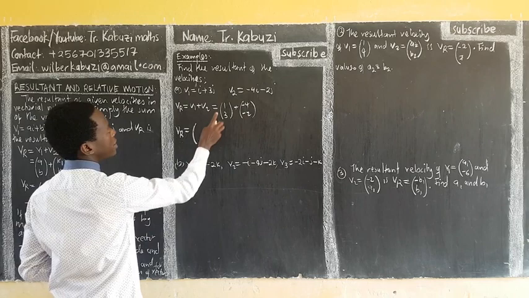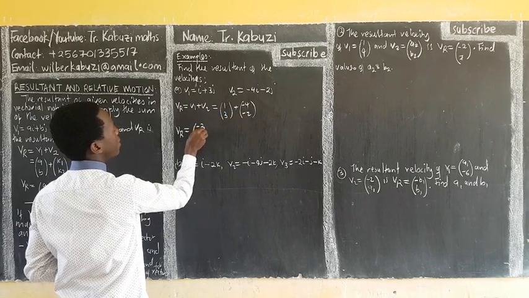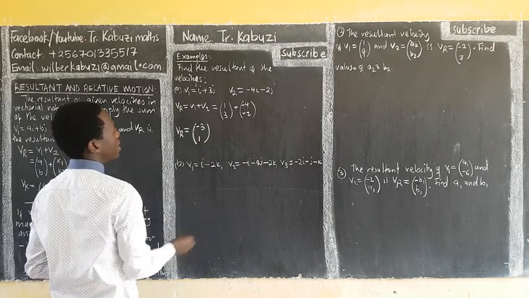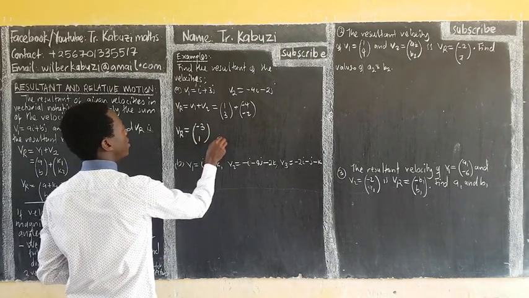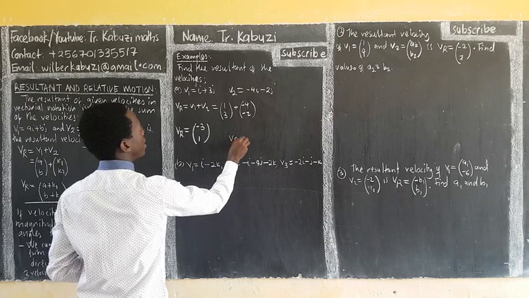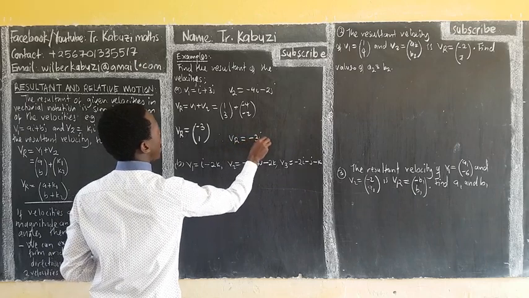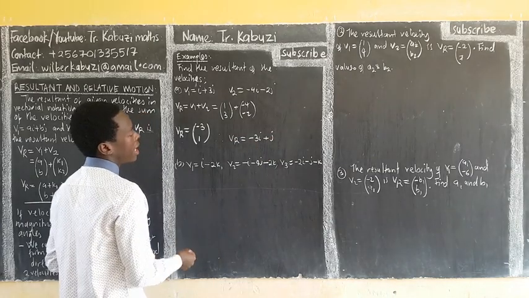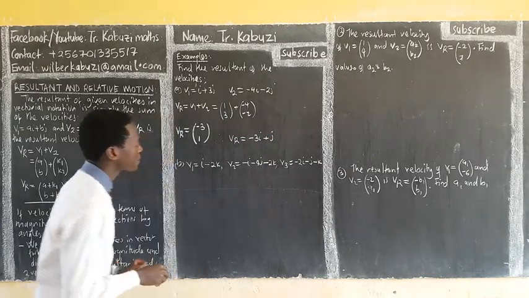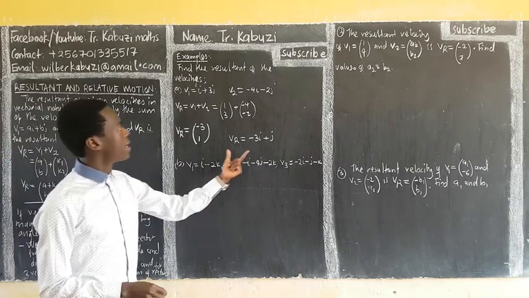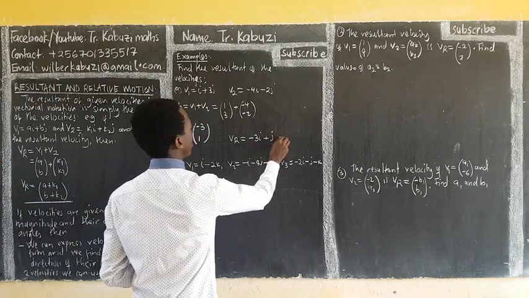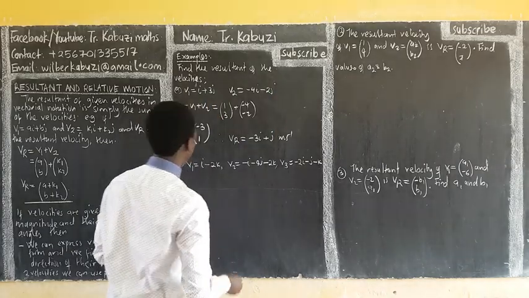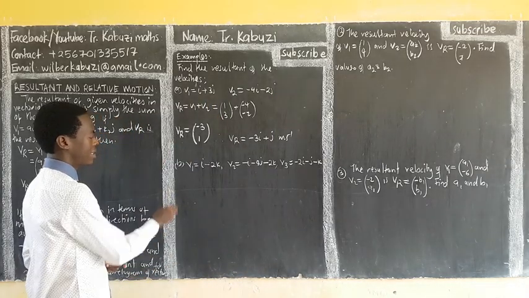Our resultant velocity is going to be this plus this, which is negative 3, and 3 plus negative 2, which is 1. So that is our resultant. You can leave it there, or you can say negative 3i plus j, or 1j, as simple as that. Okay, of course they are meters per second, if these ones were also in meters per second.